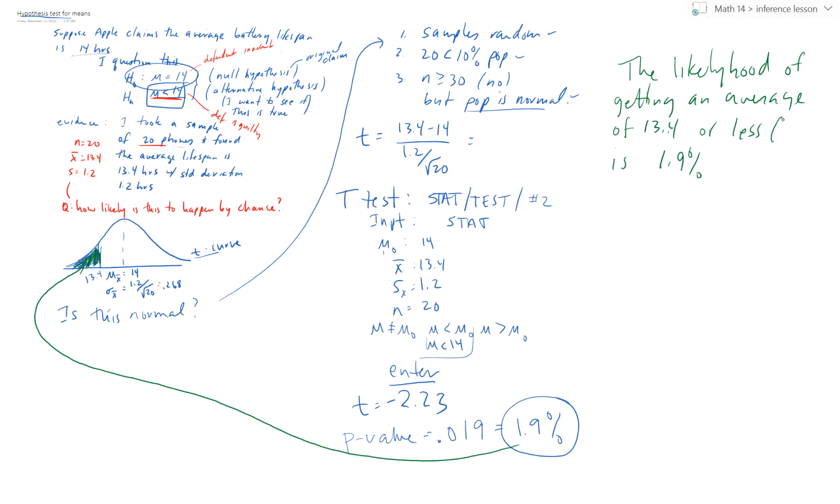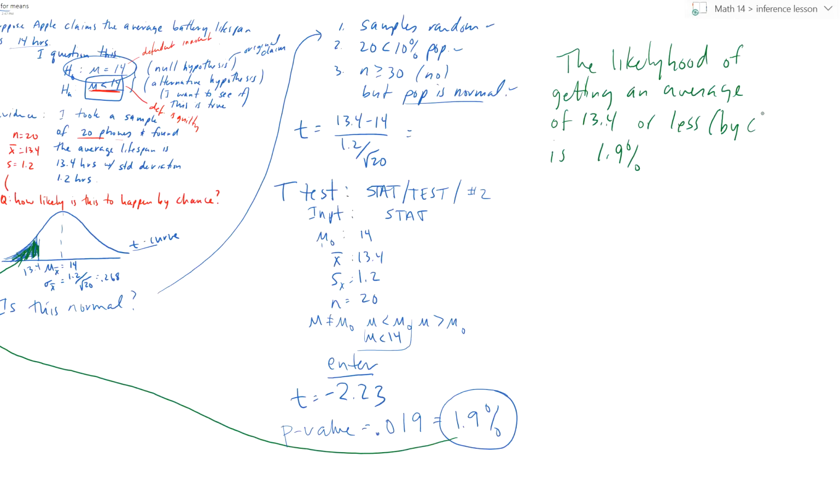I should say less by chance. Is that likely to happen? Not likely, since 1.9% is less than 5%. Now sometimes we'll call this alpha. Sometimes we want our cutoff to be 1%, sometimes 10%, but if it doesn't say it, just use 5%.